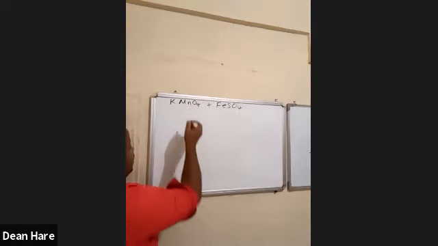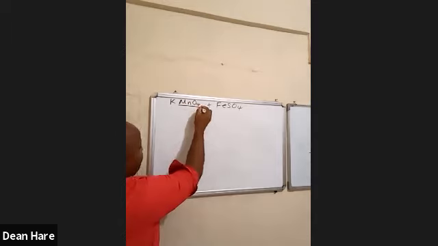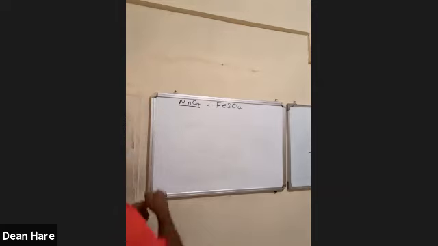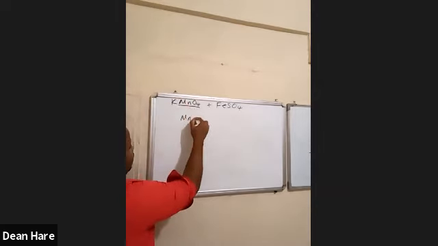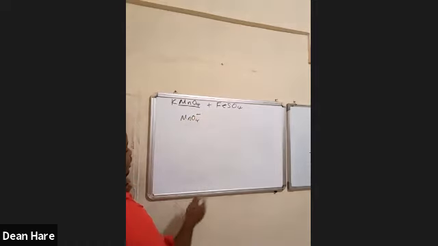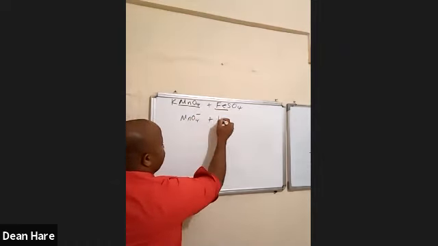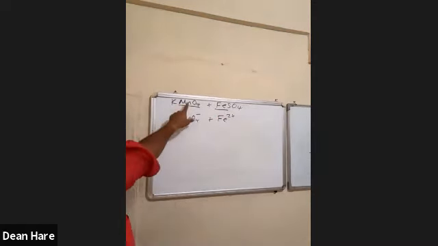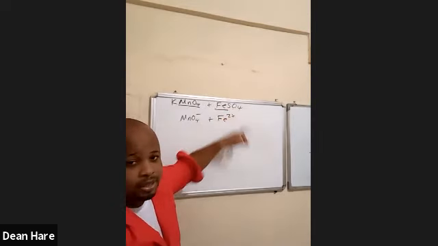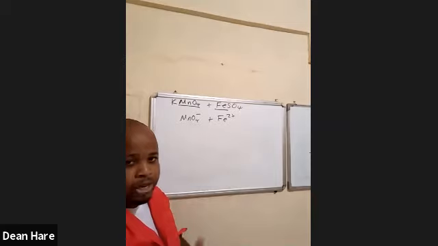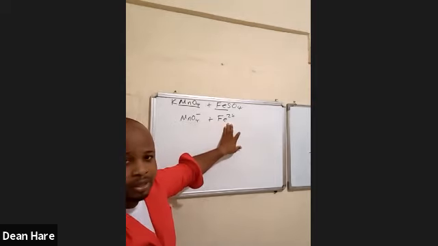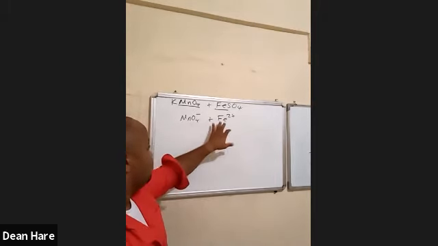The reaction is actually taking place between the permanganate ion, not the potassium, and Fe2+. So even though you are reacting potassium permanganate with iron sulfate, the actual redox reaction is taking place between the permanganate ion and Fe2+. So these are the 2 reactants that you will be working with.